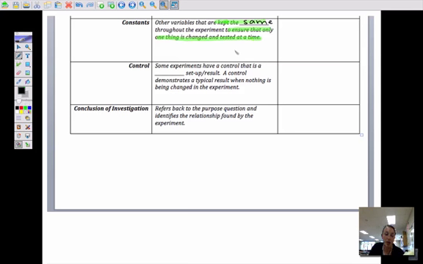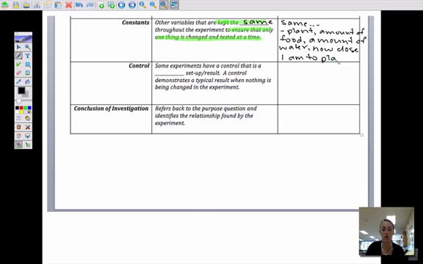So if we think about this hypothetical experiment, we need to use the same plant, same amount of food, same amount of water, we also need to keep things like how close I am to the plant the same, etc. I'm sure there are a lot of other things you can think of that we should keep the same.